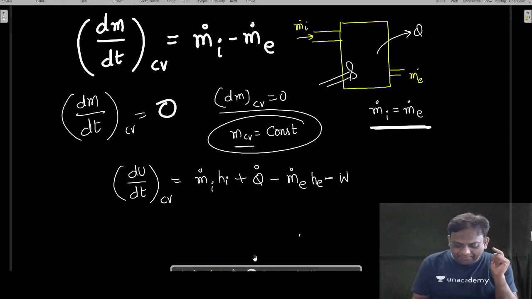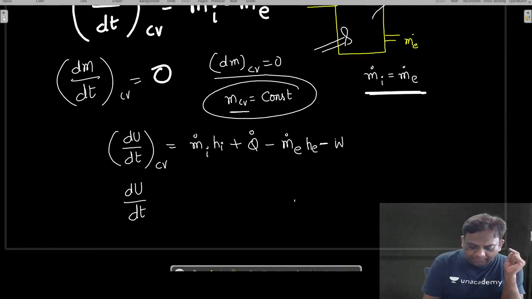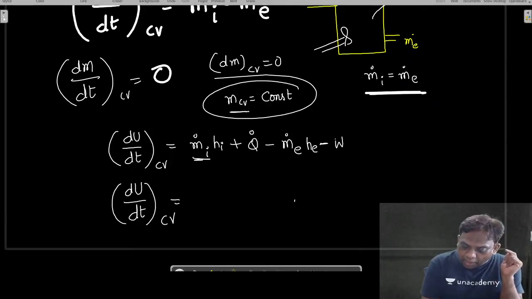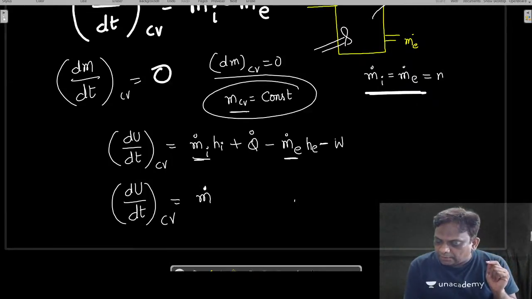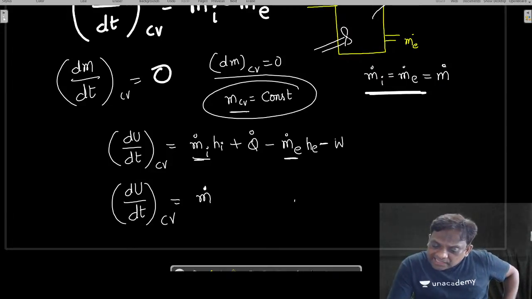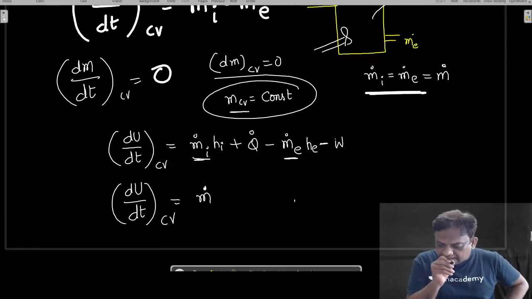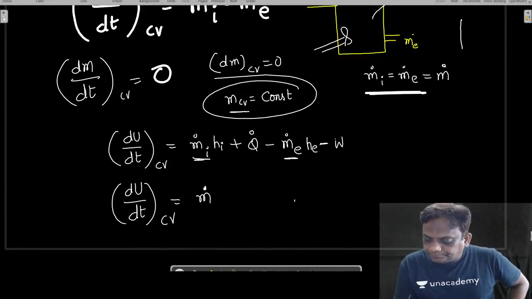वाह. अब देखना, I will do one thing. थोड़ा एक change करेंगे. du by dt in the control volume is equal to m dot i, m dot e, it is the same. So I will write this as m dot. Confuse मत होना with mass in the control volume and entry exit masses.